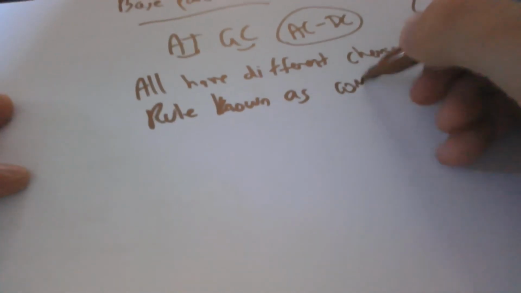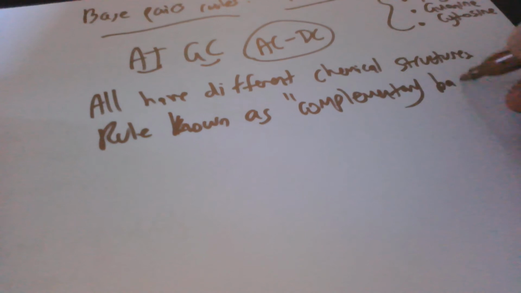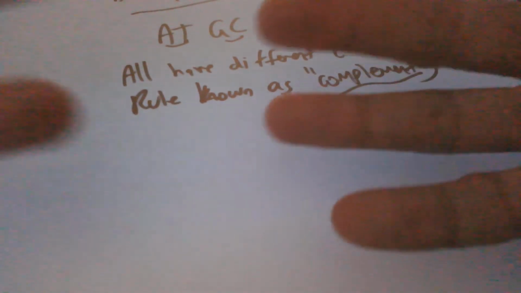This rule, the rule of base pairing, is known as complementary base pairing. Why is it called complementary base pairing? Think of the word complement. Complement means to complement one another, to join. Think of your hands, they fit together quite well.